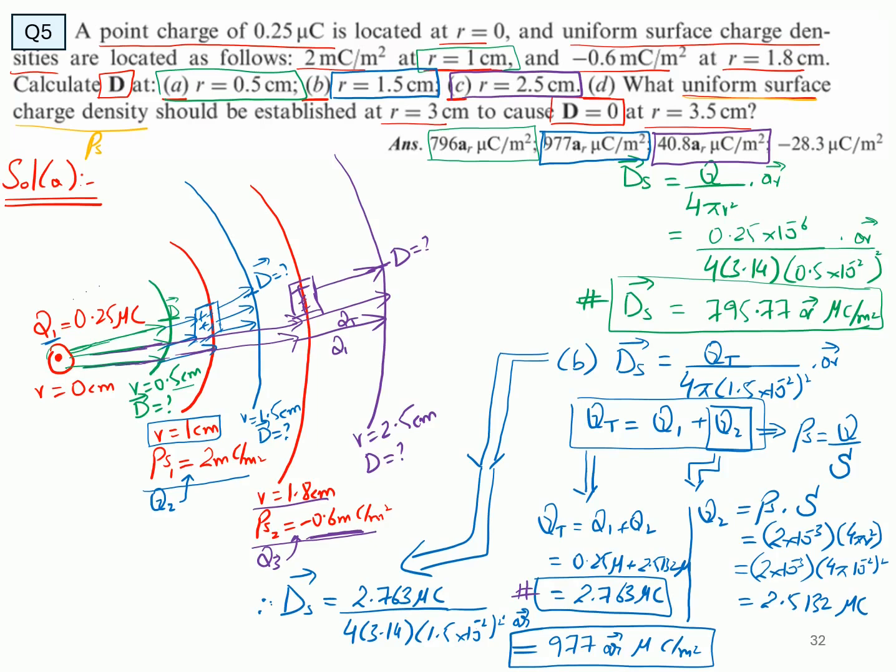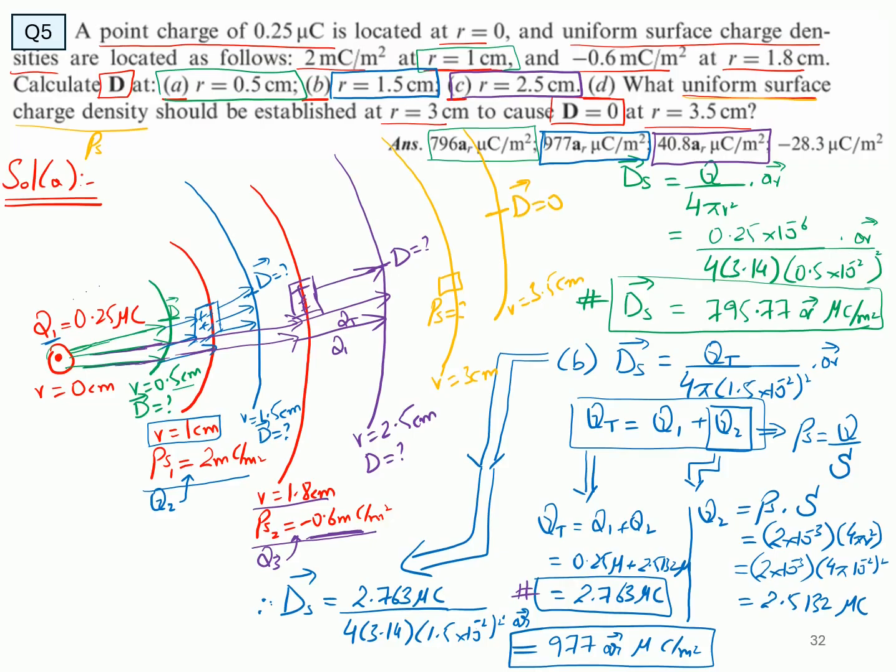Let us say this is r is equal to 3 centimeter, and another is r is equal to 3.5 centimeter. I need to find the value of rho of s at r is equal to 3 centimeter that causes the electric flux density to become 0 at r is equal to 3.5.